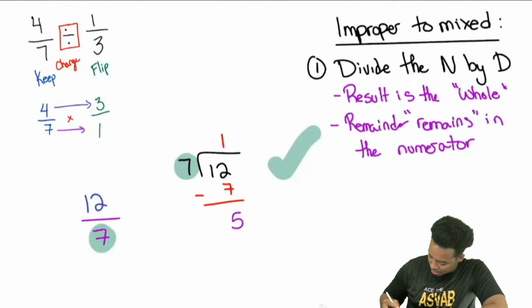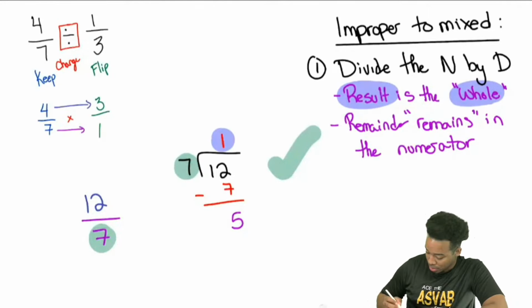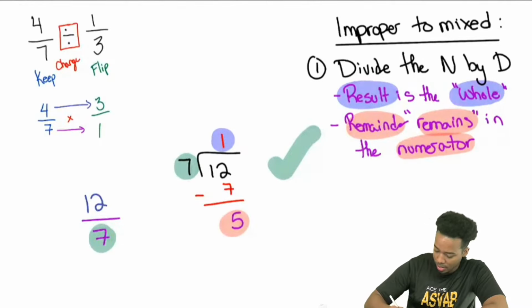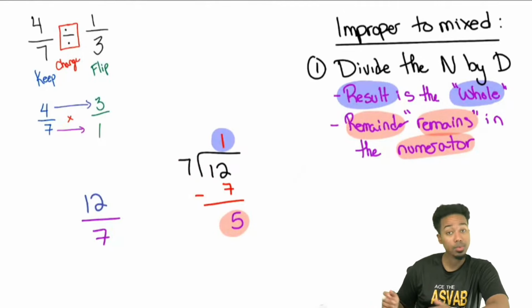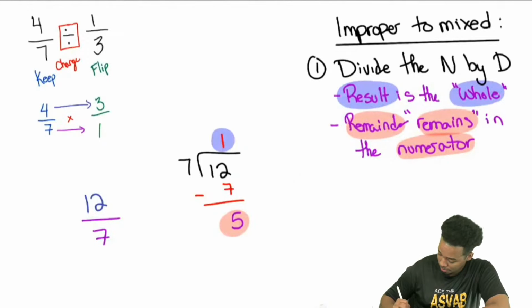So let me highlight everything for you. So the result is the whole number. That's right there. The remainder remains in the numerator. So that 5 right there. Let me get rid of all this green. That way you can take a nice proper picture. But that's it right there. So this would turn into 1.